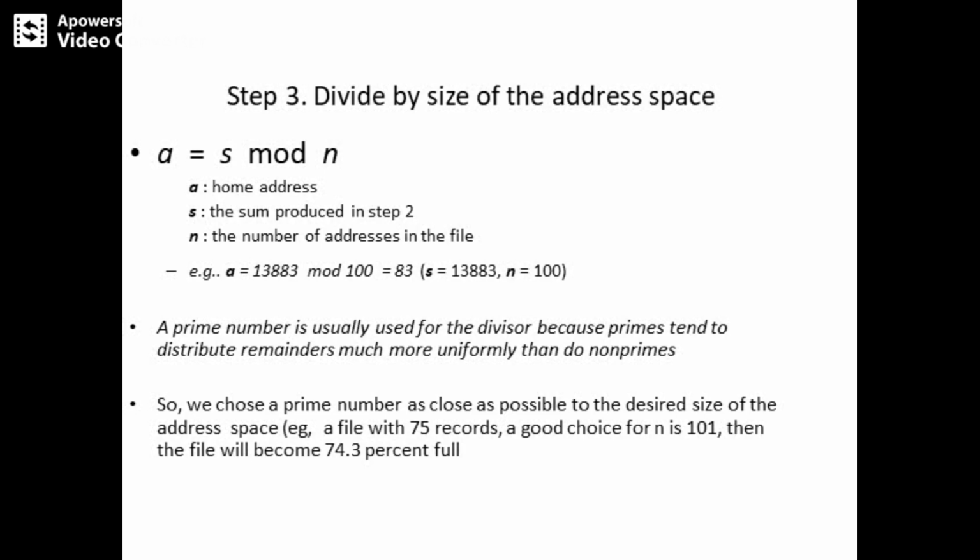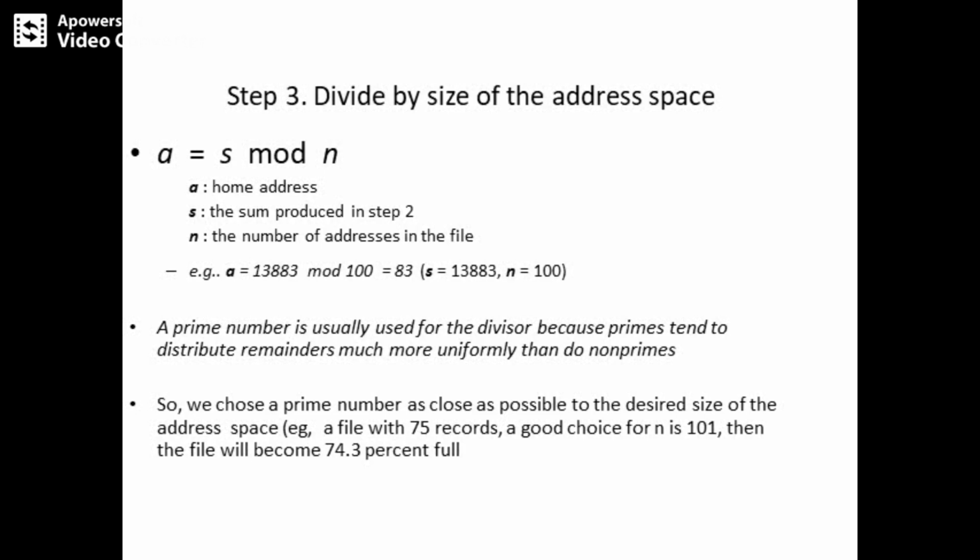Here I had taken 100 as the address space, but instead of 100, if I take 101, it will be much better, because 101 is a prime number. If you use a prime number, collisions will be much reduced. So in step 3, instead of the address space, if you consider a nearby prime, that will be a better option.